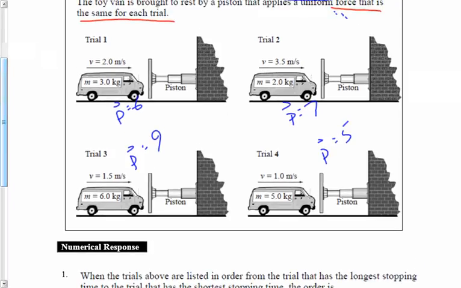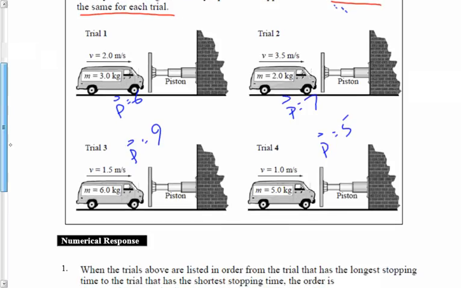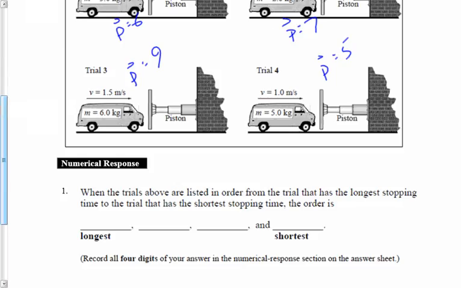Usually it's increased time, impulse is the same, the thing that's affected is force. Here it's force is the same, impulse is different. What's the thing that's affected? Time. Let's look at what the question says. When the trials above are listed in order from the trial that has the longest stopping time to the shortest stopping time, the order is what?